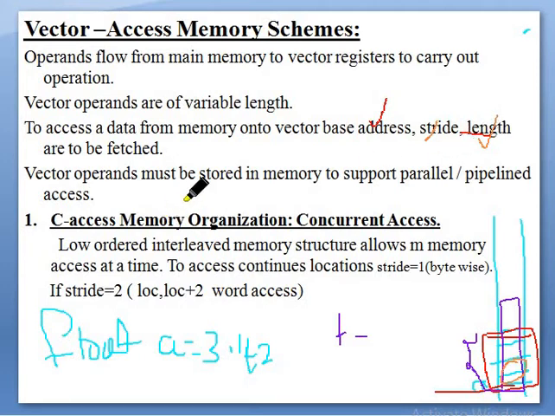Vector operands must be stored in memory, and the memory should support parallel access, because vector processors are always fast. If the data supply itself is slow, the processor becomes idle, and that should not happen.